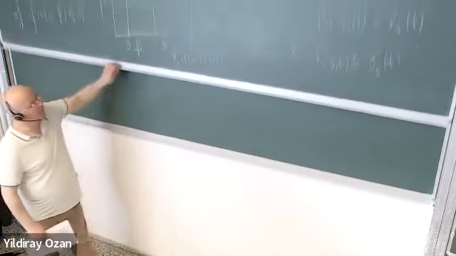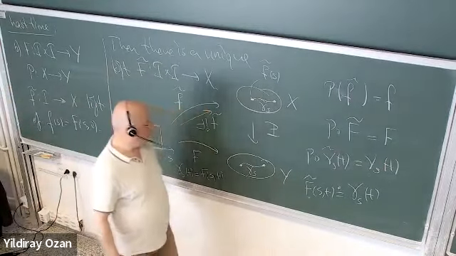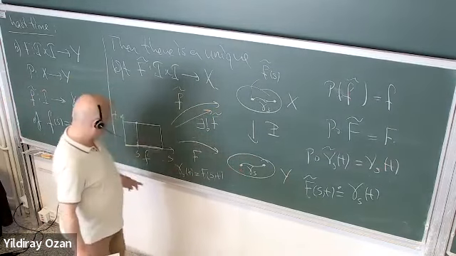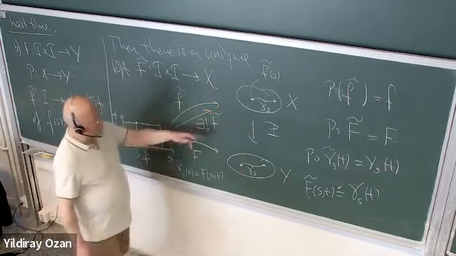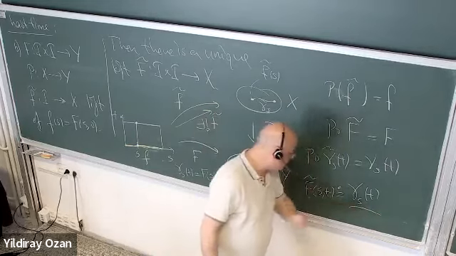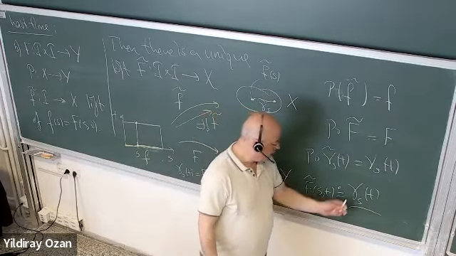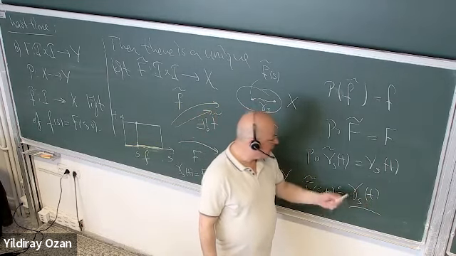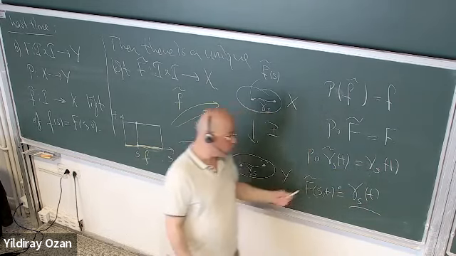Here we define F tilde using this curve and its lifting, and it is not clear at all why this gadget is continuous with respect to both parameters. It is clear that it will be continuous with respect to t because it is the unique lift of gamma s t. Gamma s t is a continuous path.